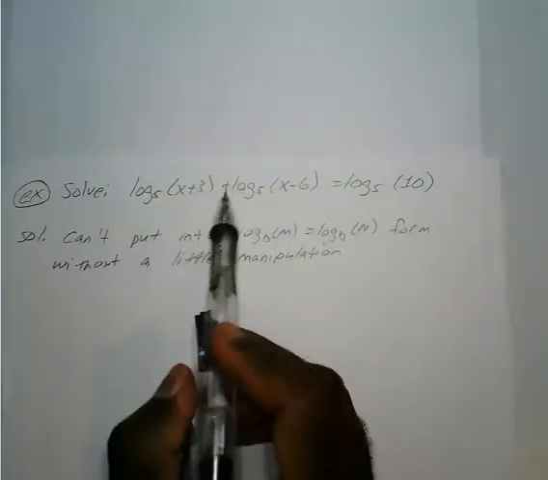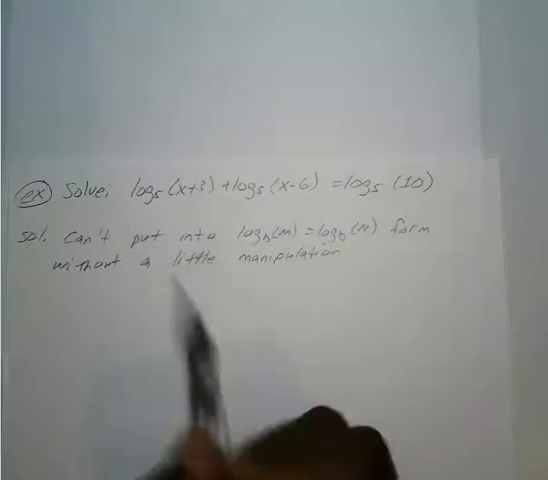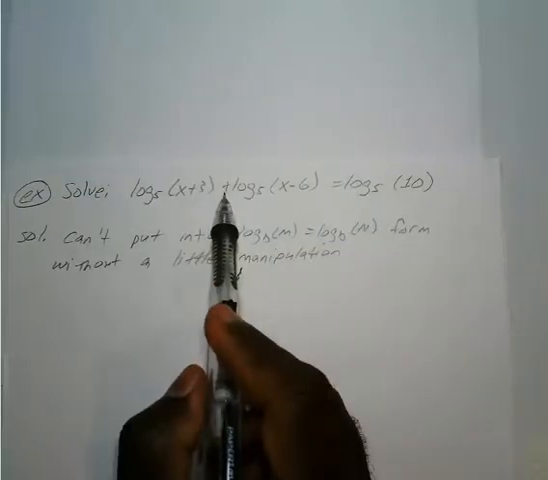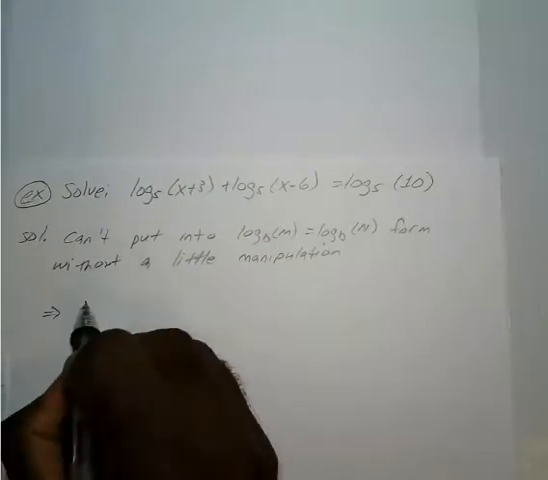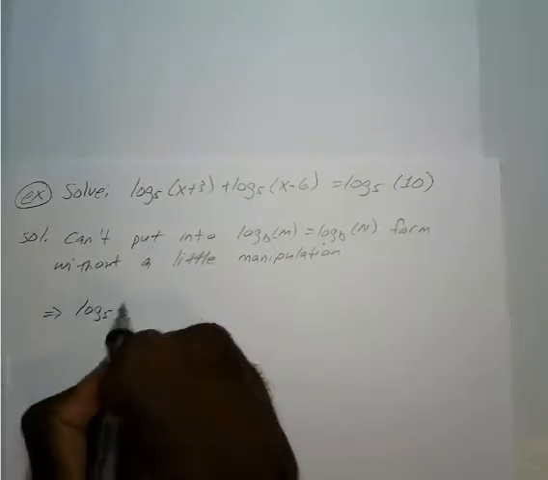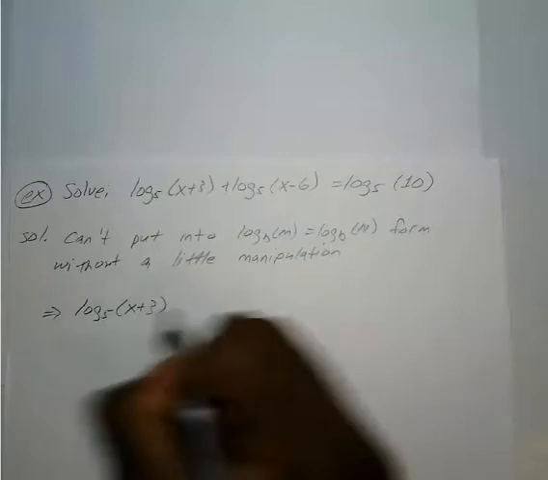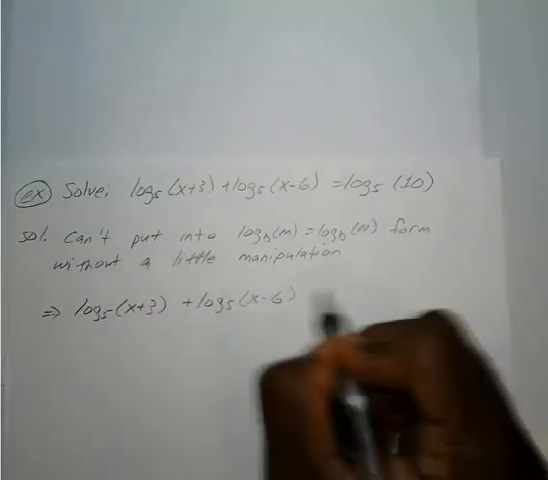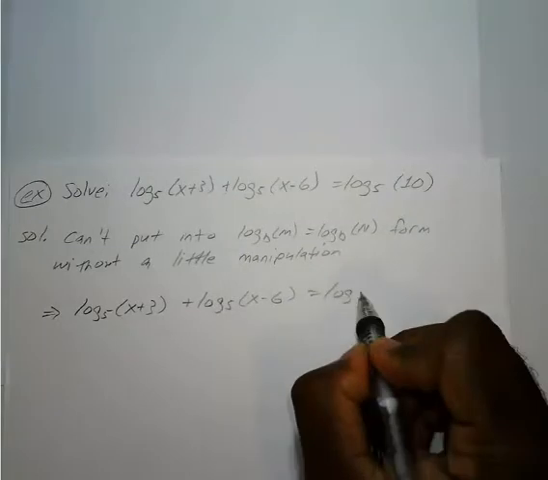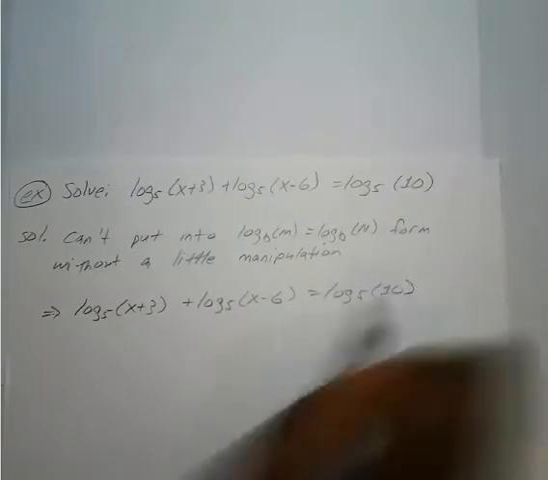Okay, so if you notice here, you have the plus sign. Okay, so if you have the plus sign, and I'm just going to rewrite it, log base 5 of x plus 3 plus log base 5 of x minus 6 equals log base 5 of 10.